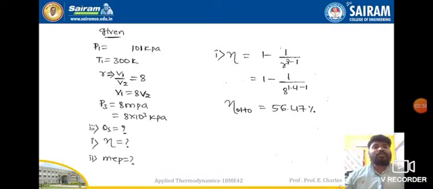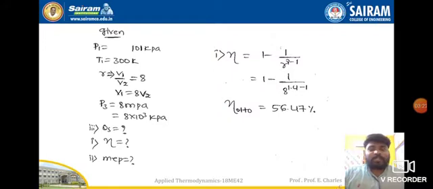The first one we can easily find, because whenever the compression ratio is given, it is very easy to find the efficiency of the Otto cycle; the formula is very simple. Efficiency is equal to 1 minus 1 divided by R to the power of gamma minus 1, where R indicates the compression ratio and gamma is a constant value, the adiabatic index. The adiabatic index for air is equal to 1.4.